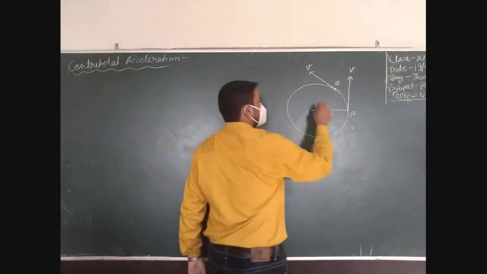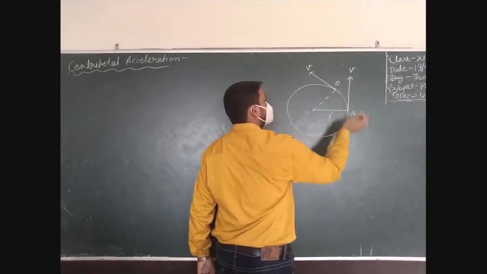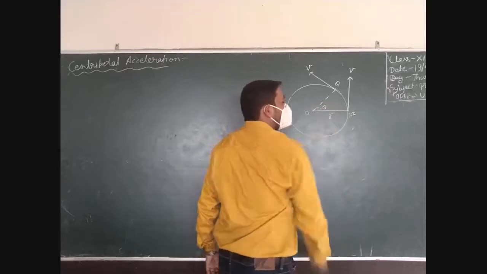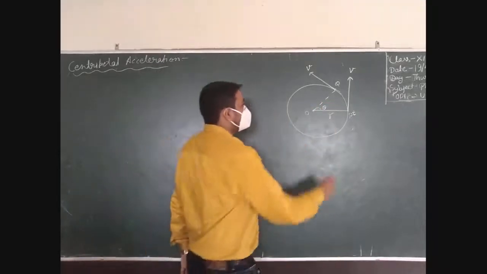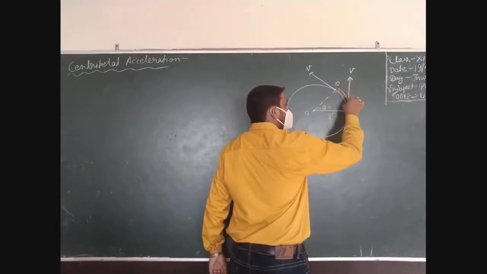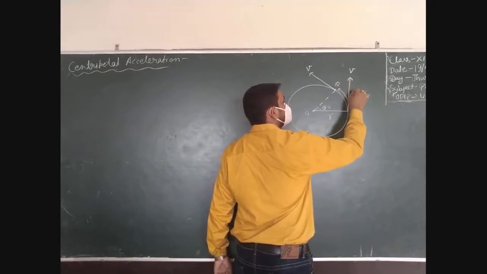When we join the center with point Q, we find that the particle sweeps an angle theta in time del t. The time taken by the particle to move from P to Q is del t.